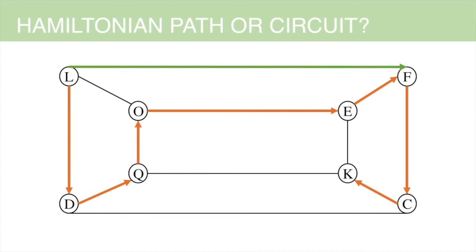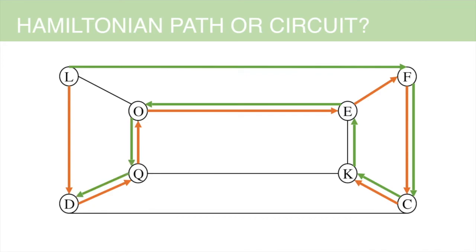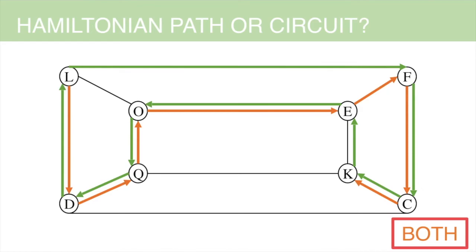But if we start with L to F, F to C, C to K, K to E, E to O, O to Q, Q to D, and finally D to L, this shows a Hamiltonian circuit. So this graph has both a Hamiltonian path and a Hamiltonian circuit.